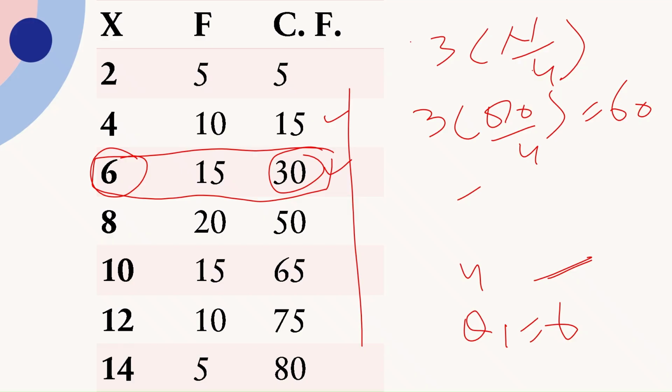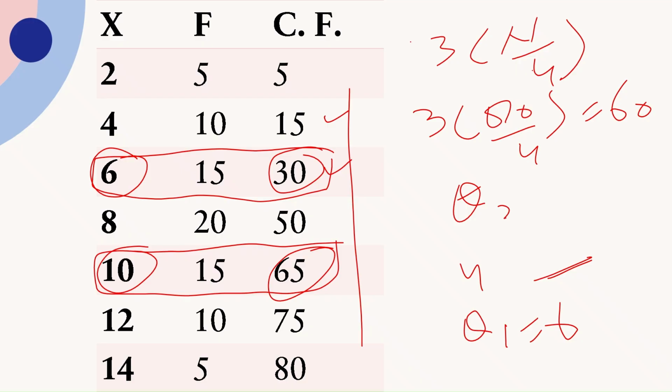We have to find 60 in the cumulative frequency, which comes in 65. So select this. The value of X here is 10. So Q3 is 10. There's a very simple way: first prepare the cumulative frequency, select the value, select the class, and the value selected in X is the required statistical value.